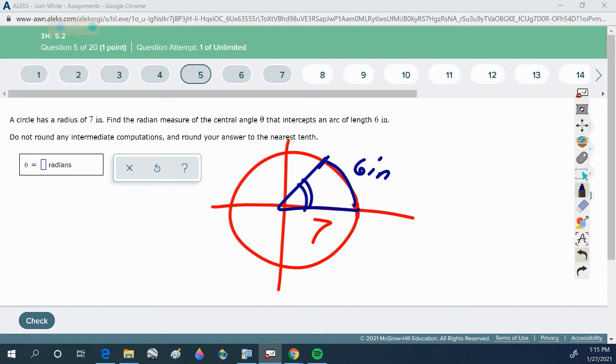Well, how much of the radius did I use? I used 6/7 of a radius. Right? My radius is 7 inches, and I only used 6 inches. So I used 6/7 radiuses.